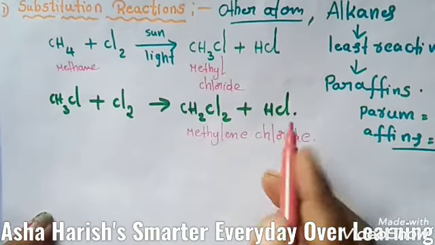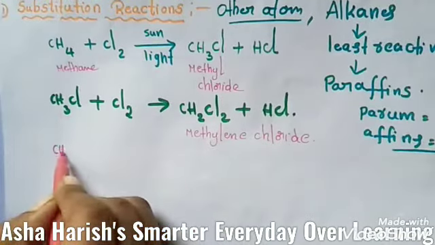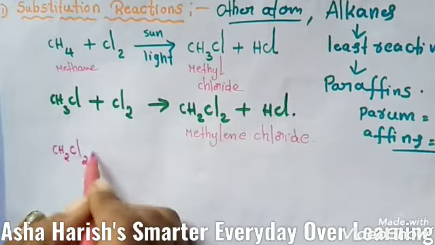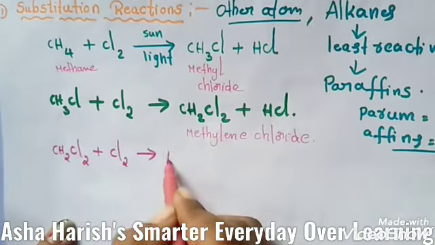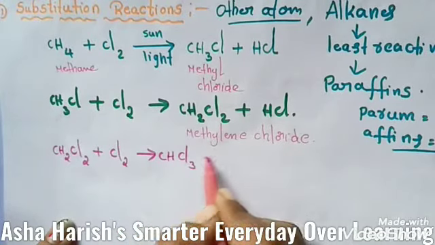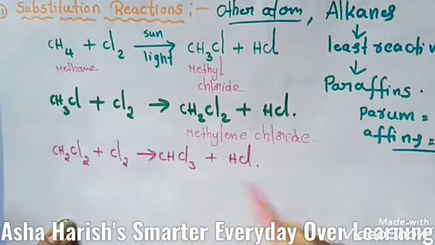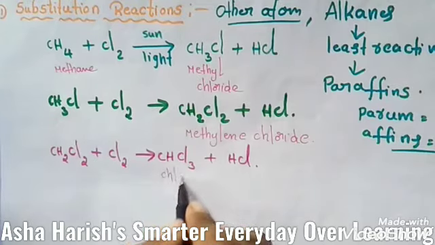To this methylene chloride, CH2Cl2, if you add chlorine again in the presence of sunlight, the formed compound is CHCl3 along with HCl. The name of CHCl3 is chloroform.